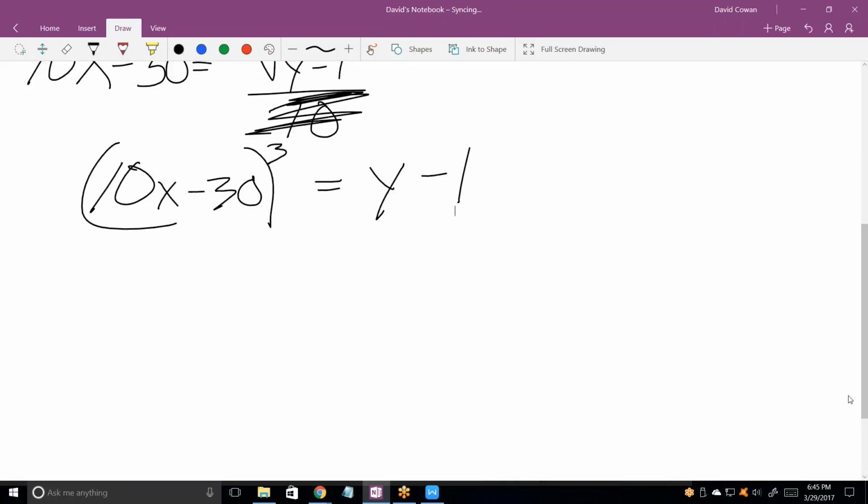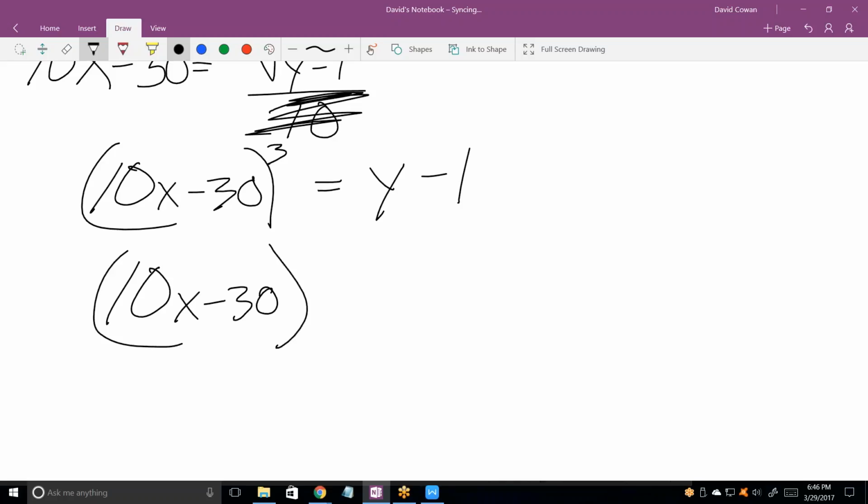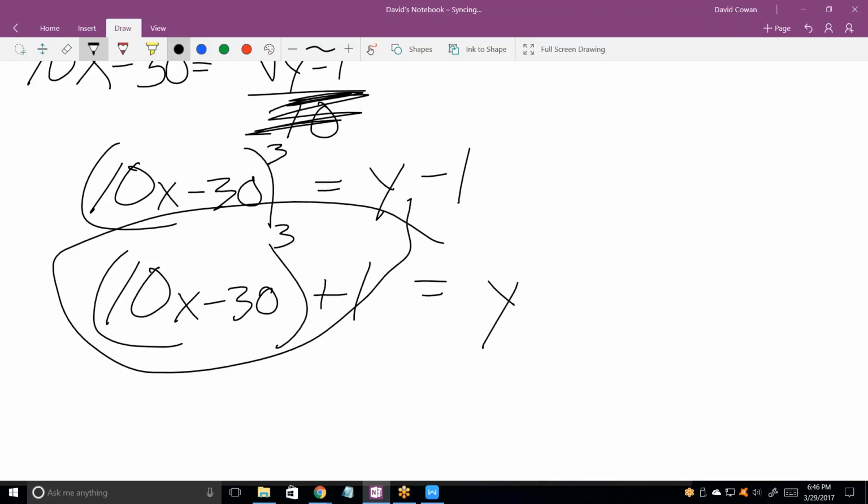Last step, add 1. So 10x minus 30 cubed plus 1 is what the inverse is. Now, it's possible she wants you to simplify that, because I know it can be simplified, because when I cube this term, I get a number as my last term. So I would want to take that final number and add 1 to it.